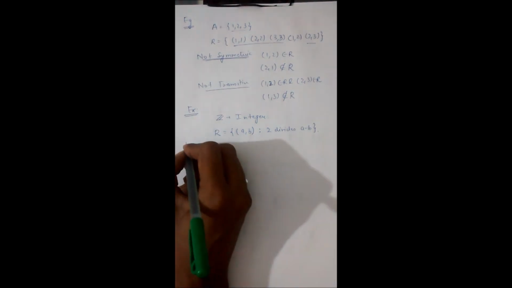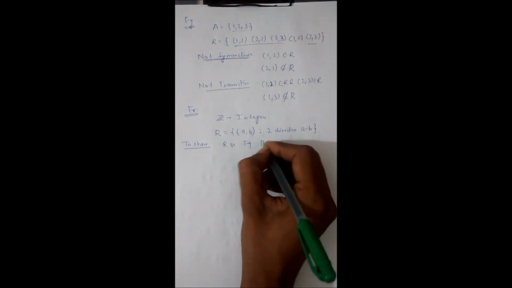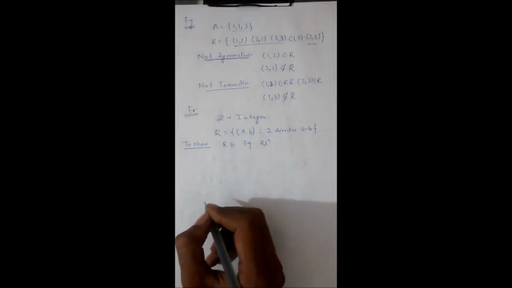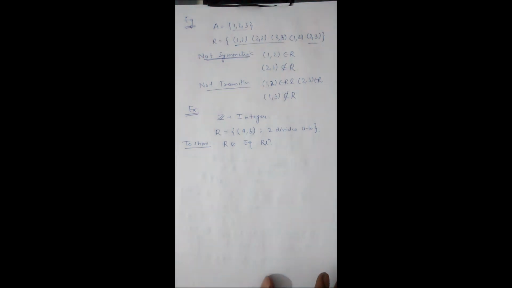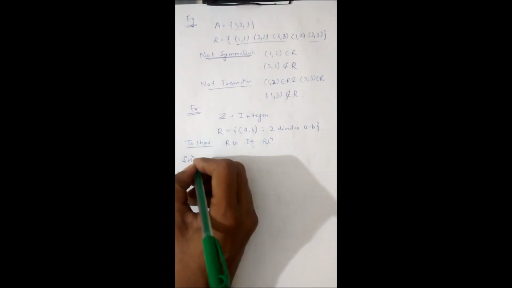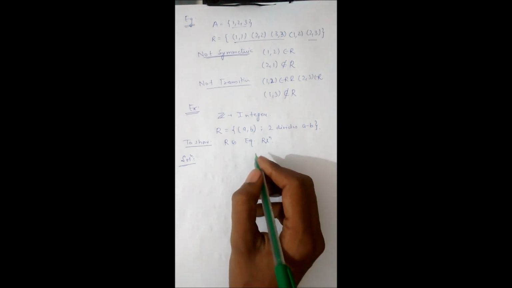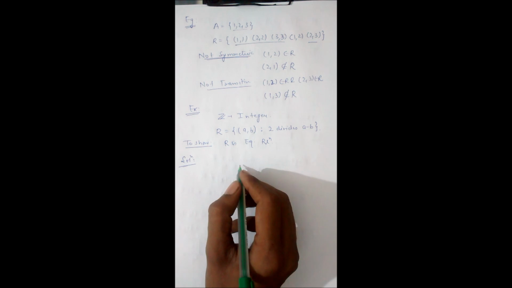I need to show that R is an equivalence relation. Okay, now let's check whether R is an equivalence relation or not. There is no possibility of it not being an equivalence relation, because we already need to prove that this is an equivalence relation.